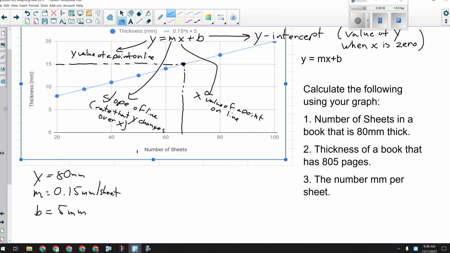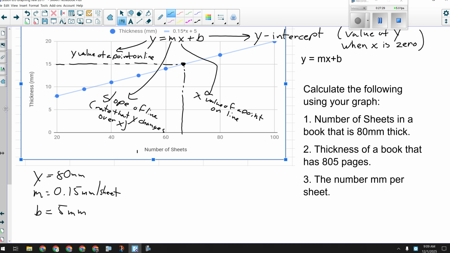Everything that's a y value is in millimeters, according to this graph. So when I get something that's in millimeters, I know I'm being given a y value. And b is always a y value. It's the first y value. So if b is the value of y when x is 0, a book with no pages has a thickness of 5 millimeters.